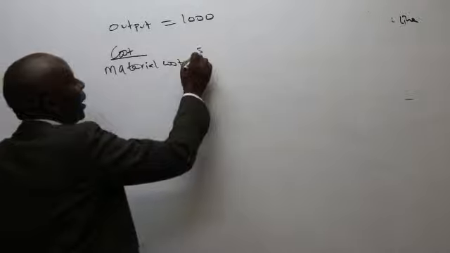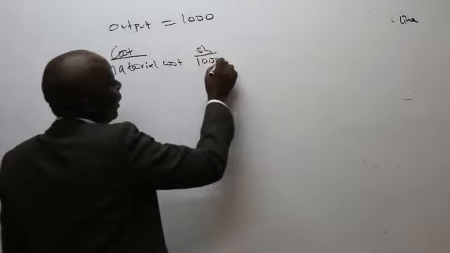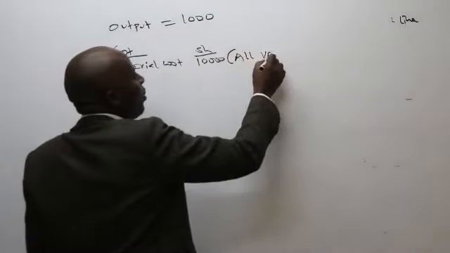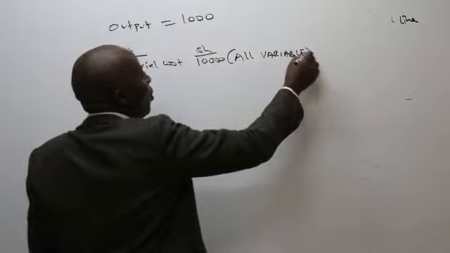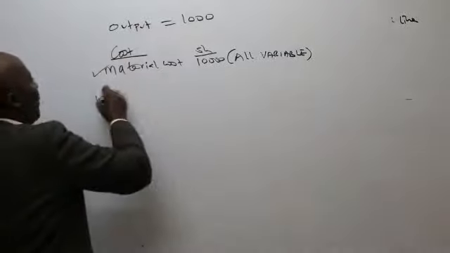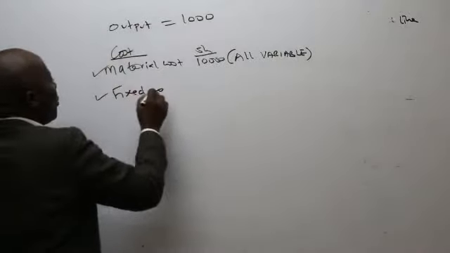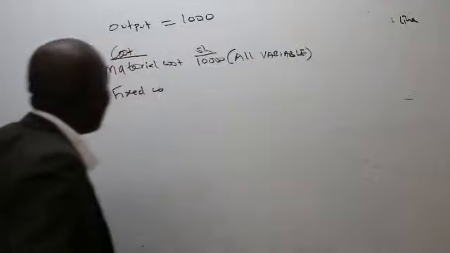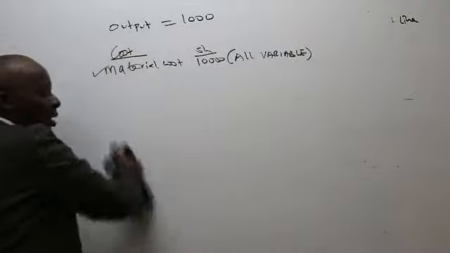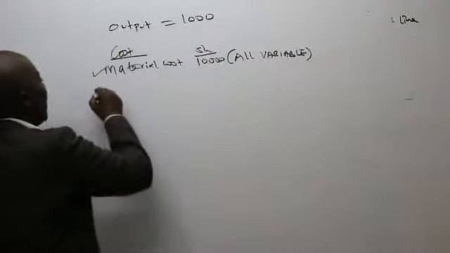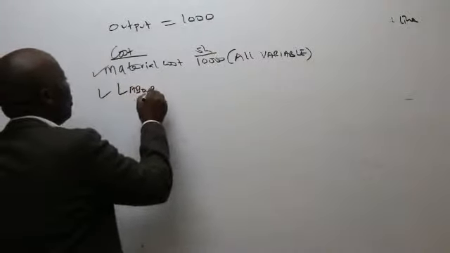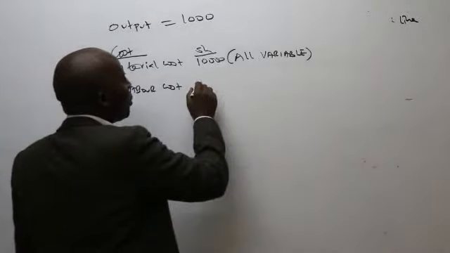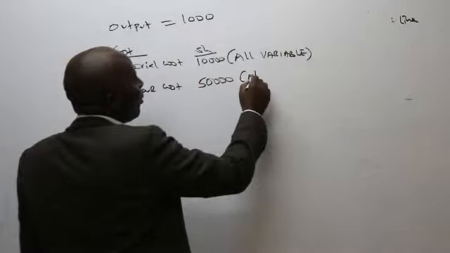Material cost, we have here shillings 10,000, all variable. And then we have labor cost, 50,000. Again, all variable.